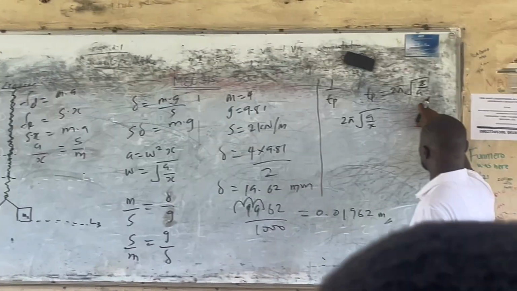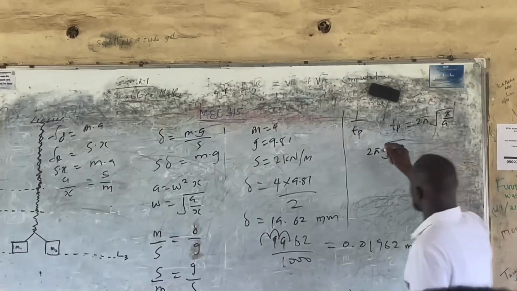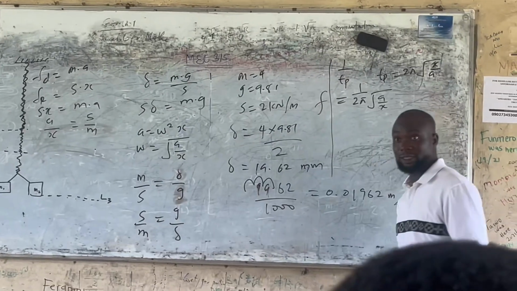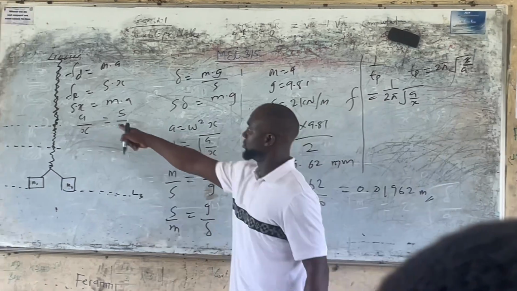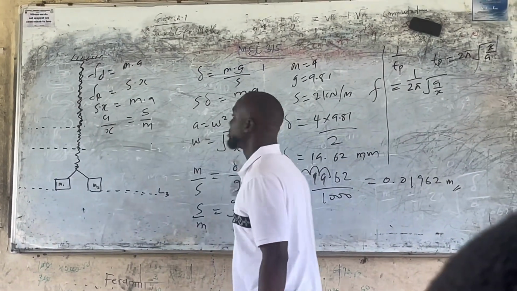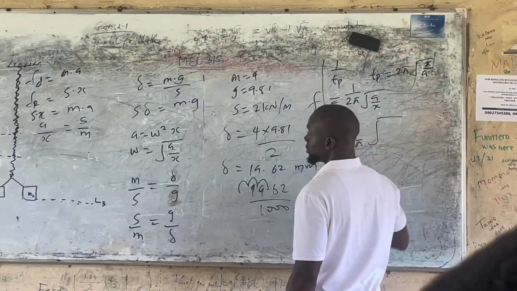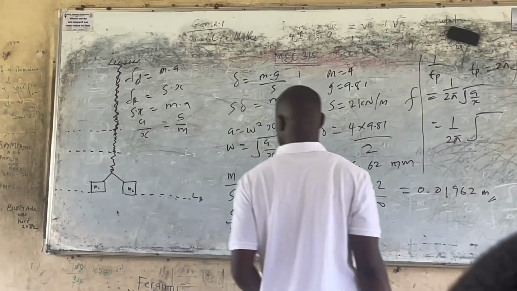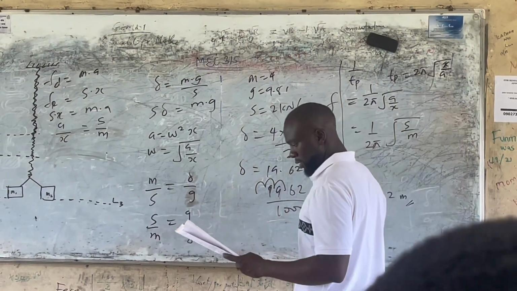This TP, right? So this will be 1 over F, right? So if A over X is X over M, that's stiffness over mass. Yes. So give us 1 over 2 pi, stiffness over M. Is it correct?